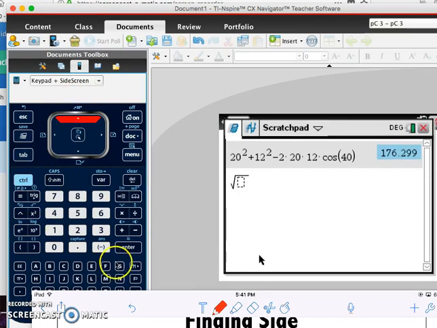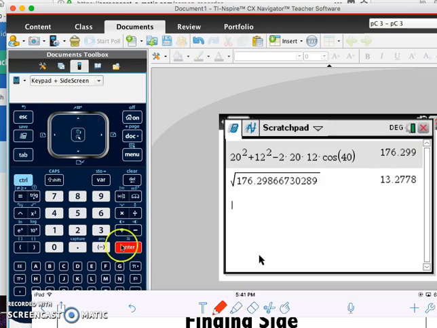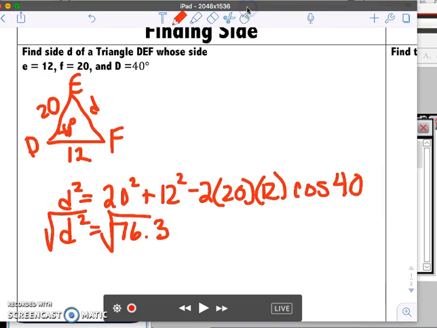Square root, we can go up and get that one, and we have 13.3 approximately. So d equals 13.3. And the nice thing is, now that we have an angle and the corresponding side, if we wanted to find E, we could now use law of sines.